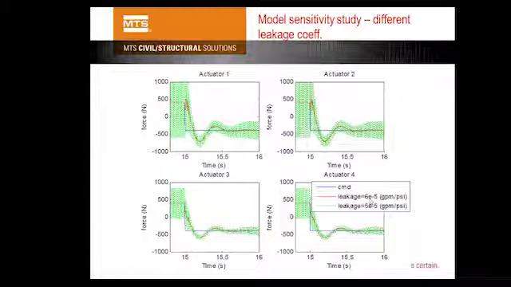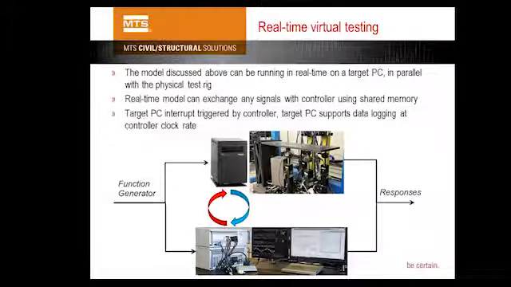The virtual testing model we have in MTS is very highly complicated, and it models a lot of physical phenomena. Another thing is that we can do real-time virtual testing too.